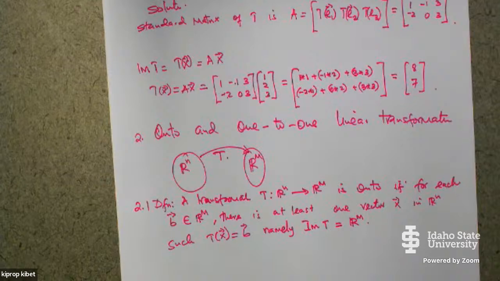It is mapping from here up to here. So the image of T is actually equal to Rm. So that is onto.